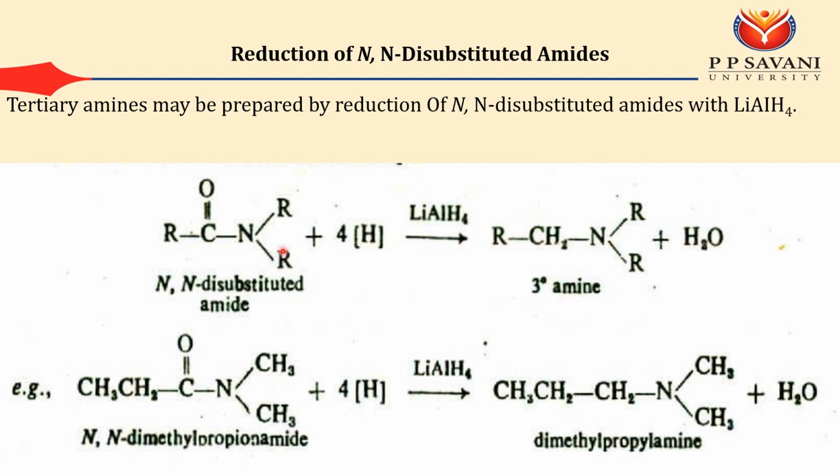Instead of H here you have to take some kind of alkyl group, and I'm going to convert this C double bond O into CH2. So N contains all three alkyl groups, so that's why it is known as a tertiary amine. You have to do reaction with lithium aluminum hydride, so you will get a tertiary amine. This is the example of N,N-dimethyl propionamide: reacting with lithium aluminum hydride, you will get dimethyl propylamine.